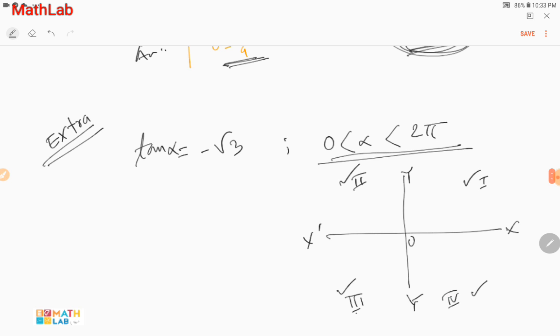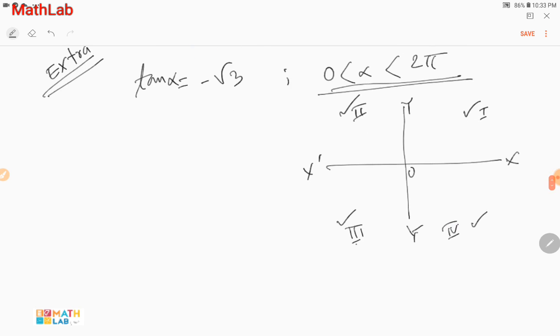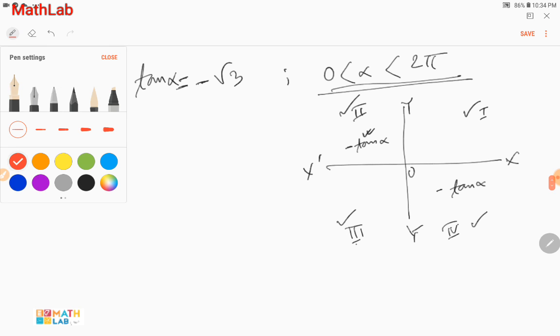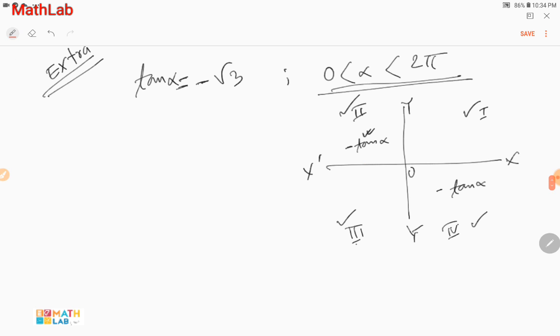So how do you calculate it? First we have to read the question carefully. Here tan is negative. We know that in the second quadrant tan is negative, and in the fourth quadrant tan is negative. So our answer will be in the second quadrant and the fourth quadrant.